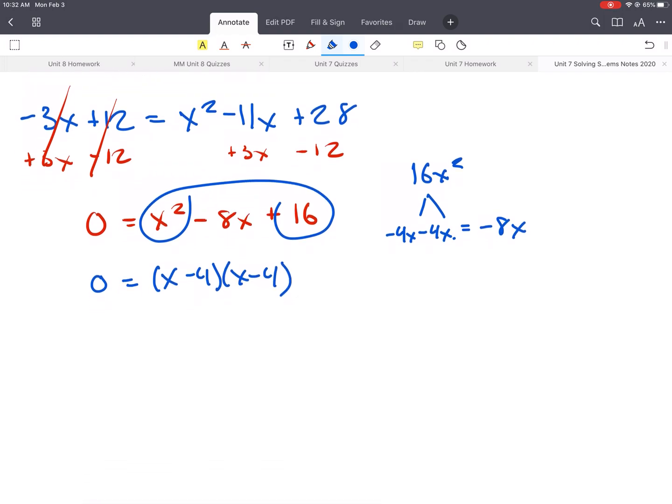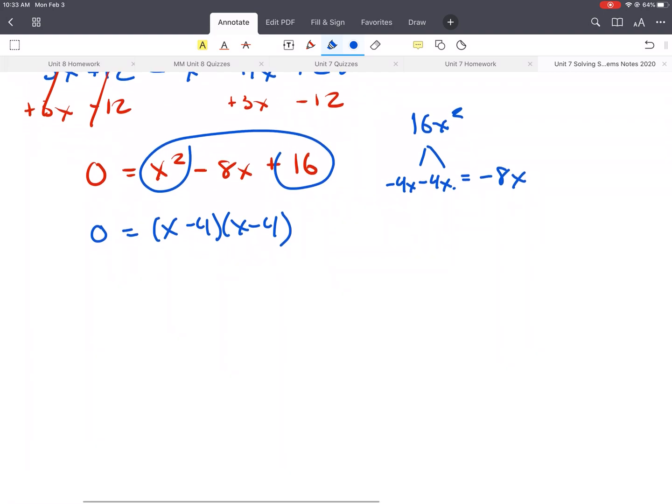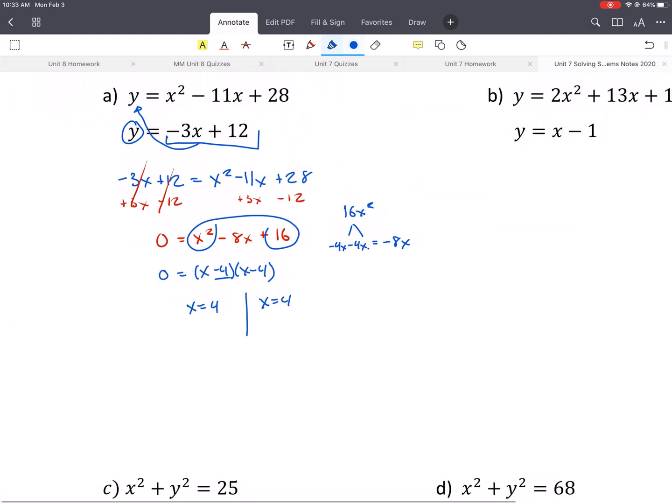And then we just need to set each of those parentheses equal to 0. And a lot of you also realize that if a equals 1, it's just going to be the opposite of what's inside. So our two solutions would be x equals 4 and also x equals 4. So the same.